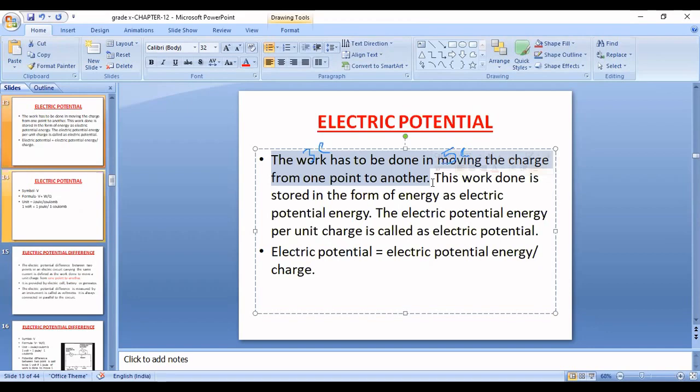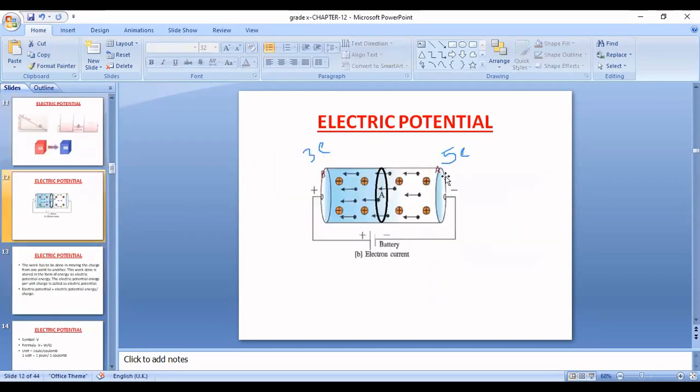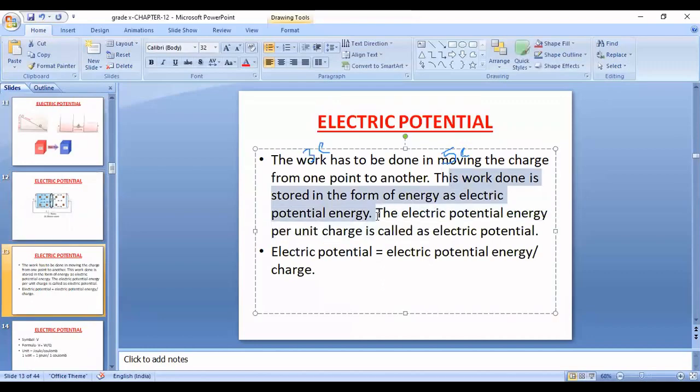If you are bringing the charge from one position to another position, we have to do this work. Going back to our previous slide, in this figure we have seen, suppose there are 5 electrons at point A and 3 electrons at point B. So we have done the work to bring these 5 electrons to the position A. So this work done is stored in the form of electric potential energy.